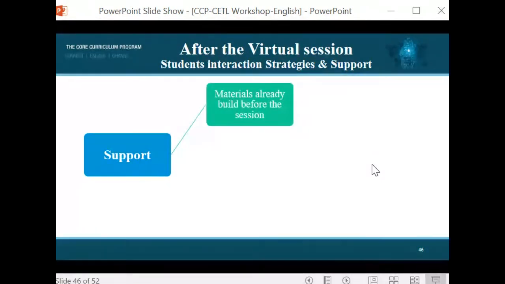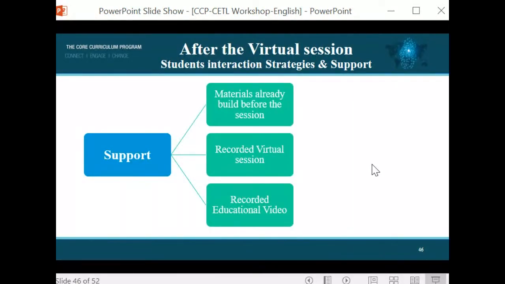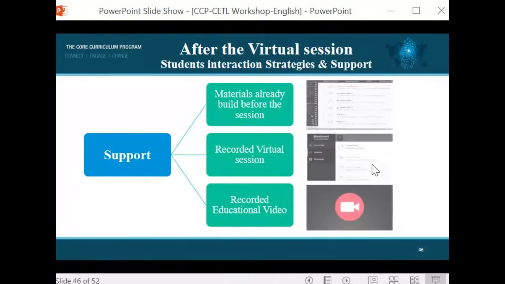First, the instructor provides students with materials built in the design stage in the learning management system, such as slides, relevant articles, activities, homework. Besides, the instructor provides students with the recorded virtual session, offered by most learning management systems, in order to deepen their understanding of learned notions and allow absent students or students who encountered connection problems to catch up on important information. Also, it is highly recommended to prepare a small recorded educational video of the lesson to do a summary or recap.